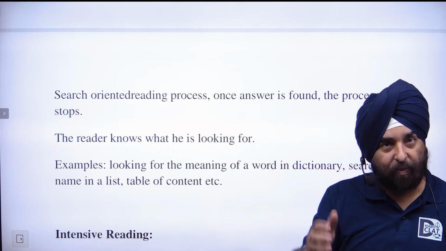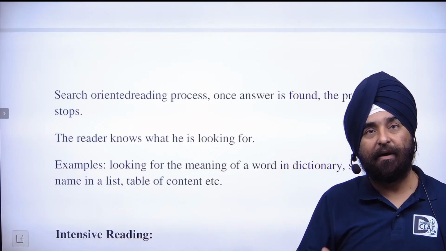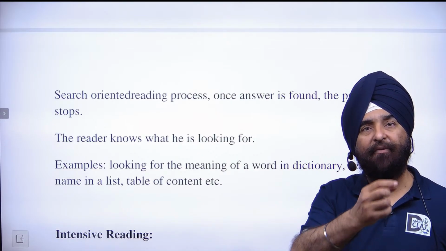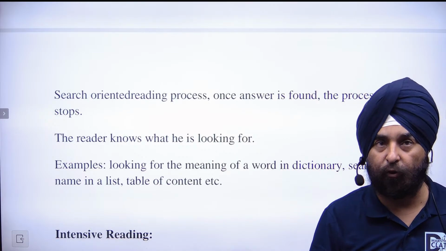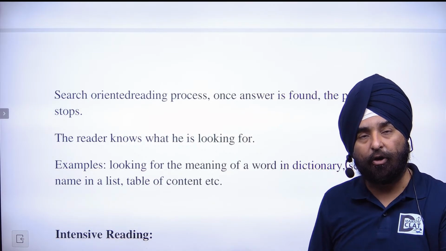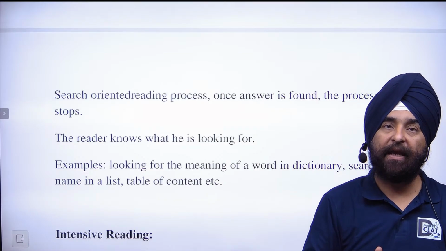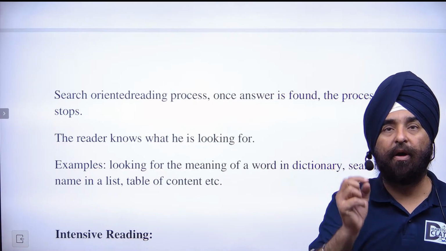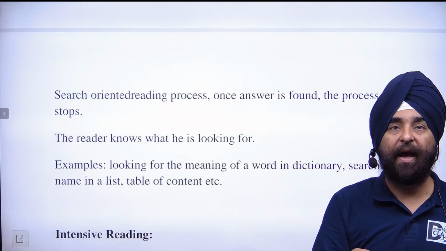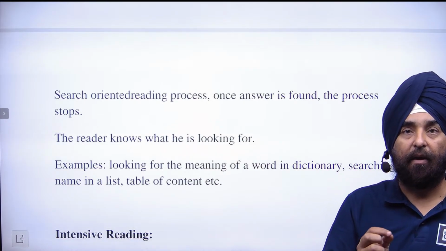We'll simply jump to the letter U, and then we'll follow the next letter N, then I, and we will start searching for the meaning of the word that we are looking for. We are not concerned with any other word that starts with U or any other word that ends with the letter E, because our focus lies only on that particular word. So we are following a scanning technique here.